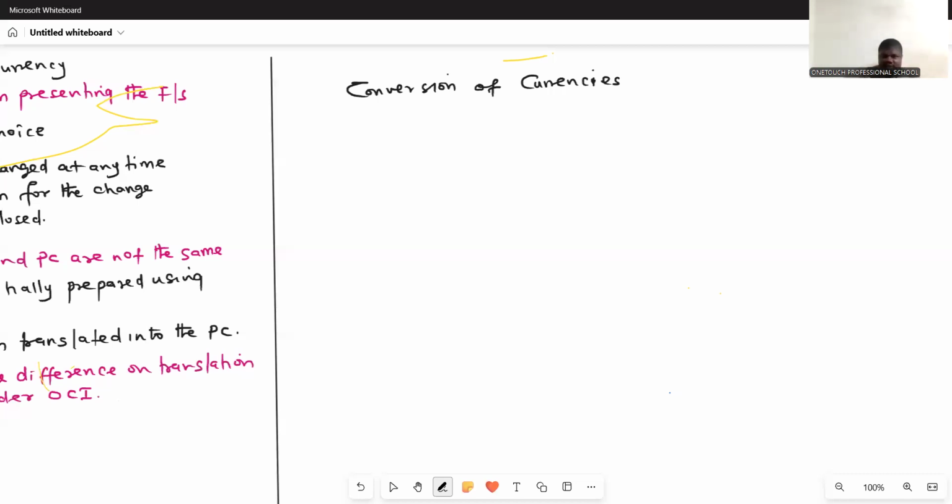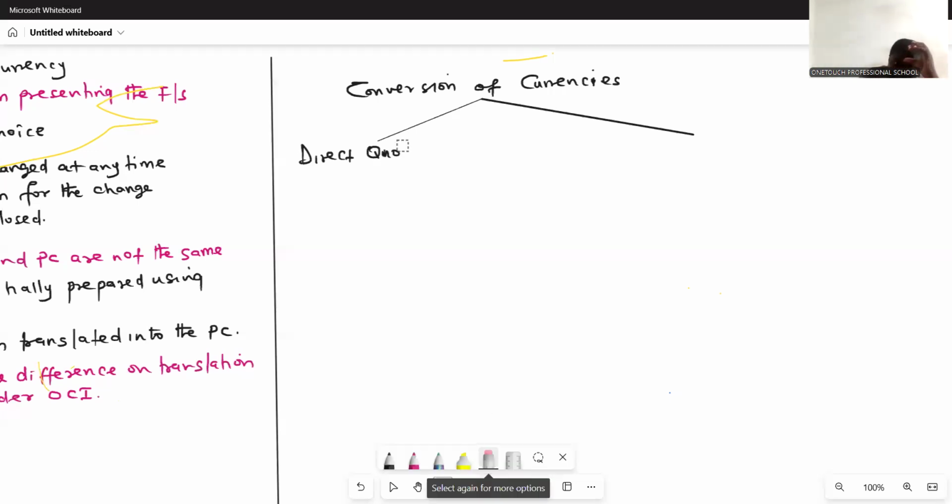You see, for the exchange rate, we have two ways of quoting it. We have the direct quotation, and we have the indirect quotation.